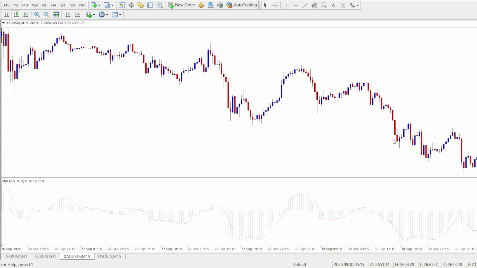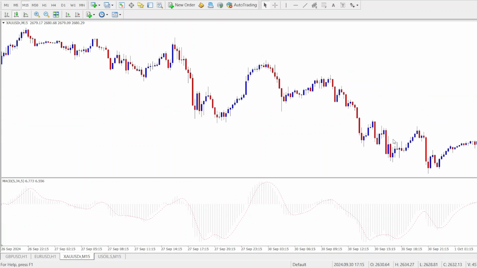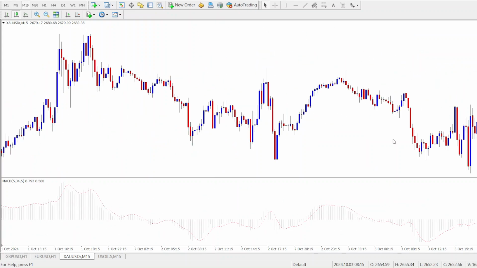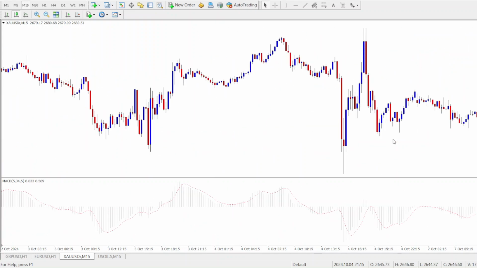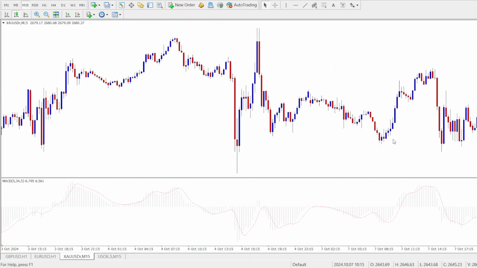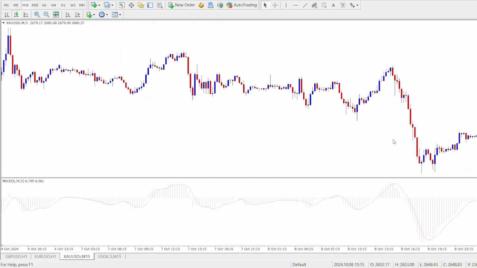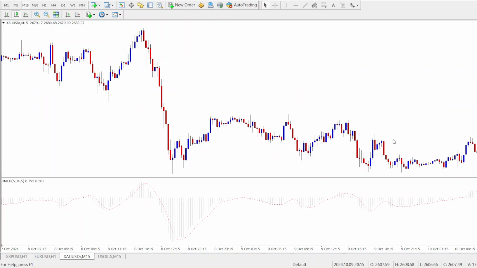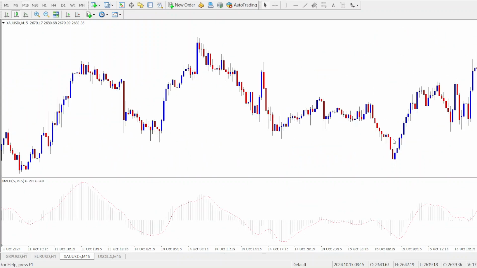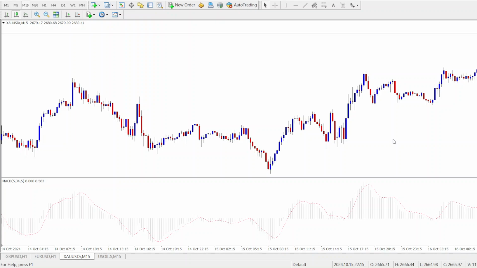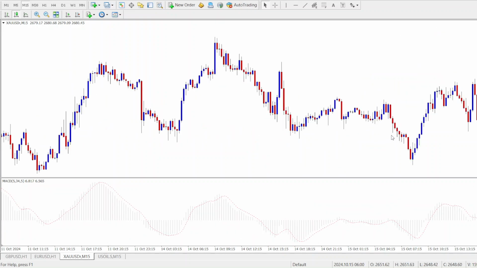Just look a little bit more. Okay, I couldn't really find that now.